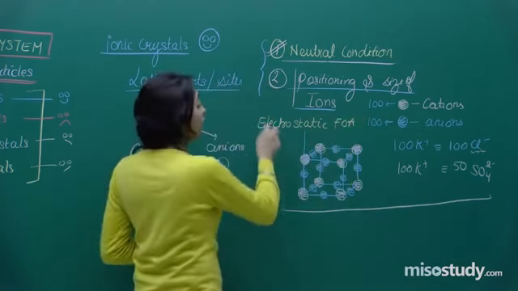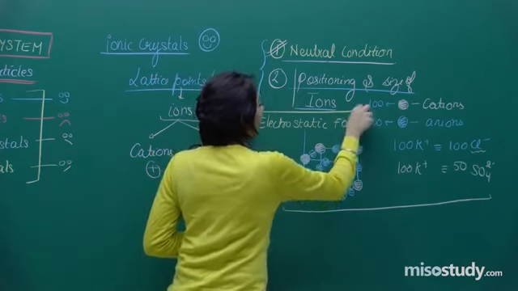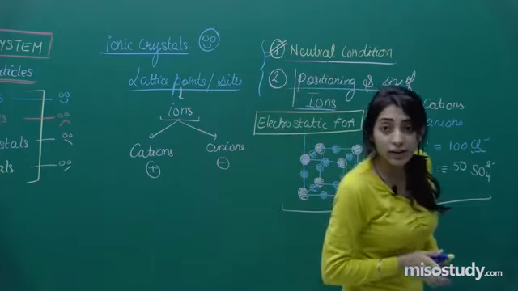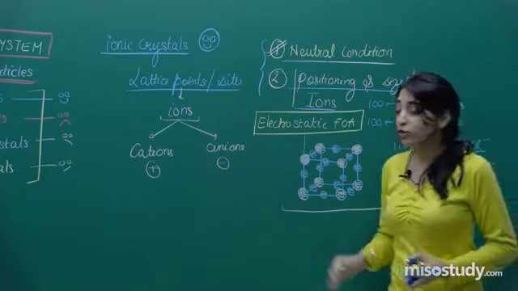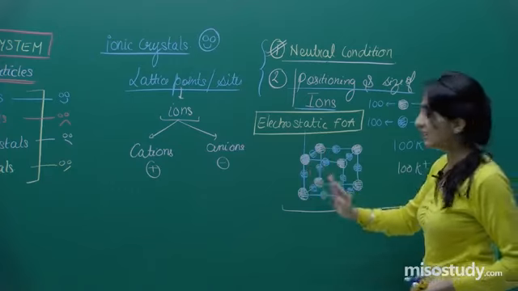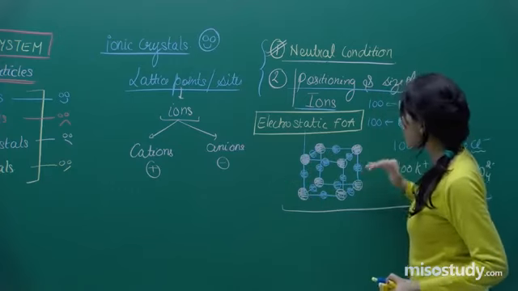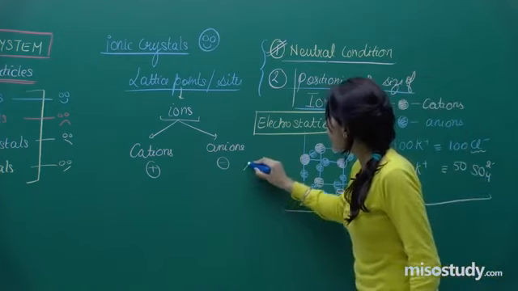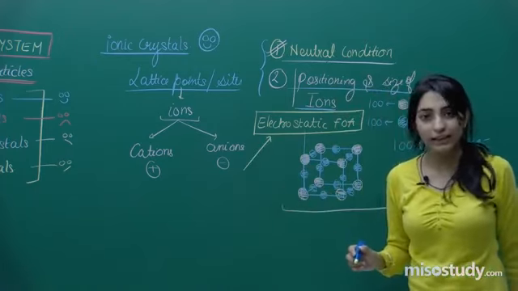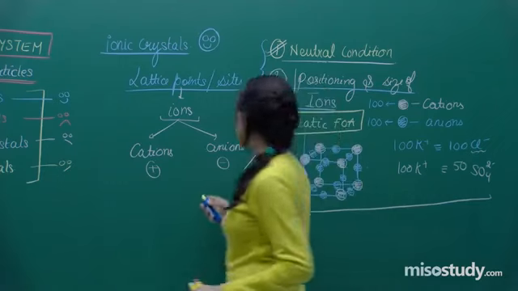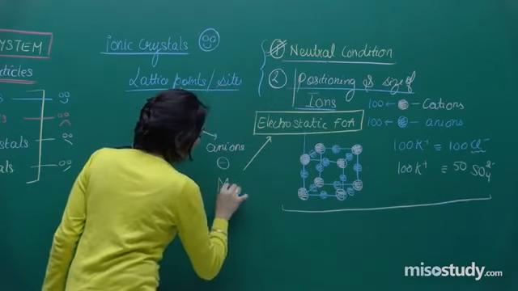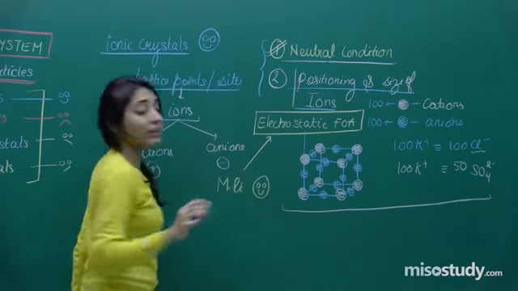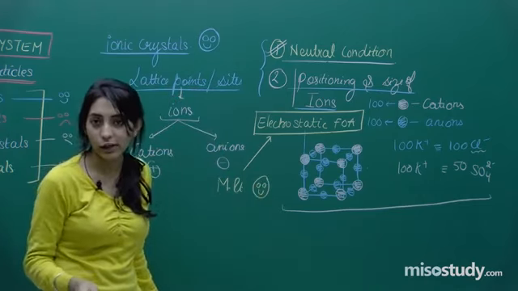And you would have learned in physics by this point of time that electrostatic forces of attraction are very, very strong. So if you want to break the crystal, let's say if I am dividing it from here, here, here, anywhere, I need to provide lots of energy from outside, right? And this is the reason why the melting point of ionic crystals is a very high value.